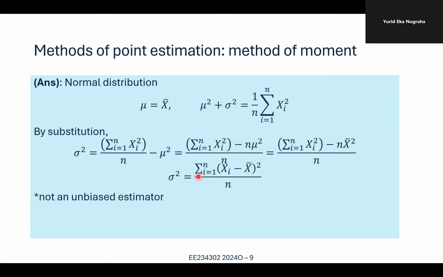By substitution, we arrive at the equation where the variance sigma square is the sum of the squared differences xi minus x bar, divided by n. So this is the variance from this, and it's concluded that this is not an unbiased estimator.